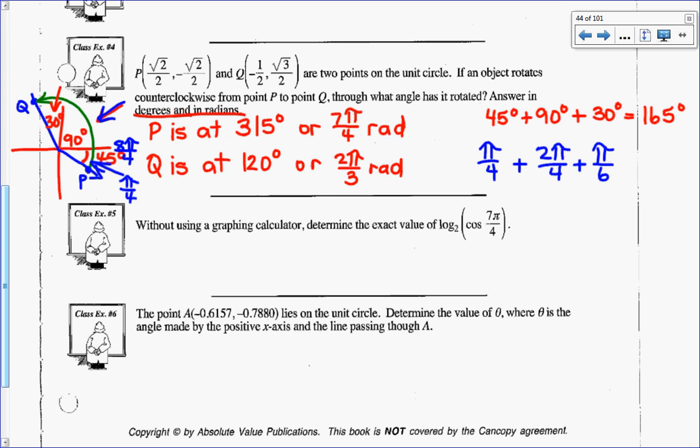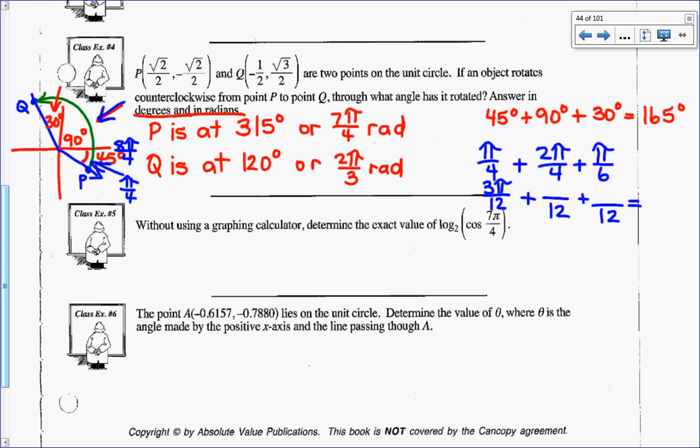Now if I have to add all of those, I need common denominators. And right now, I don't have common denominators. So let's see, what would be the lowest common denominator that they would all divide into? I'm going to have to go with 12s. To convert pi over 4 to 12s, I'm multiplying the denominator by 3, so I'm going to multiply the numerator by 3 pi.